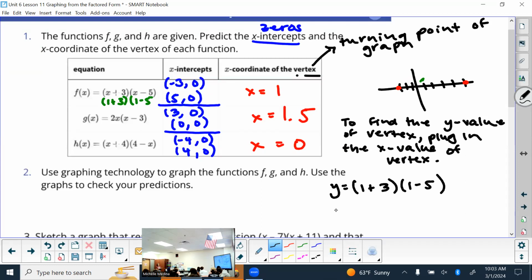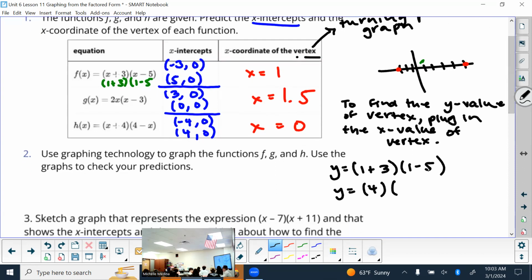What's 1 plus 3? 4. What's 1 minus 5? Positive or negative? And then multiply them together, what do we get?